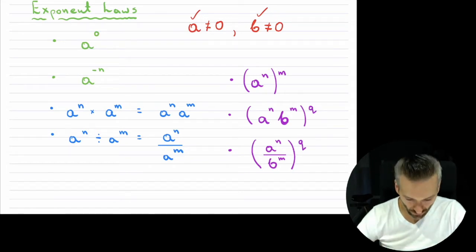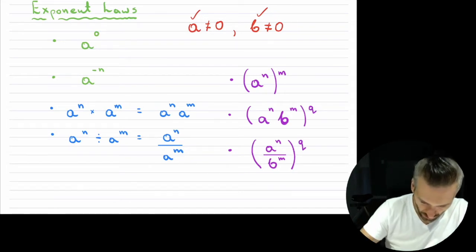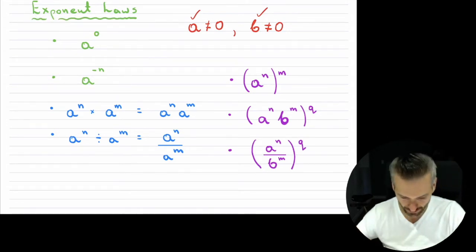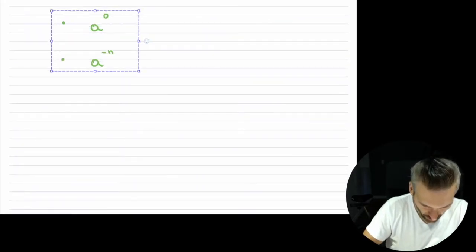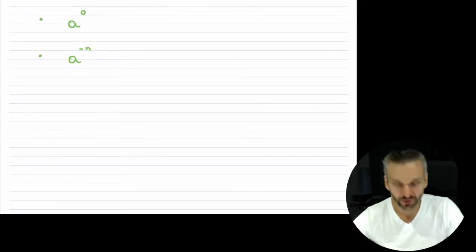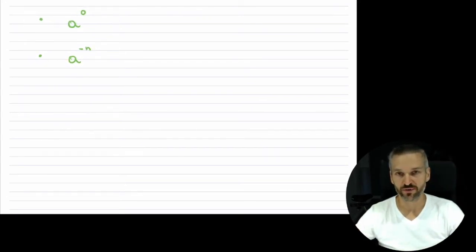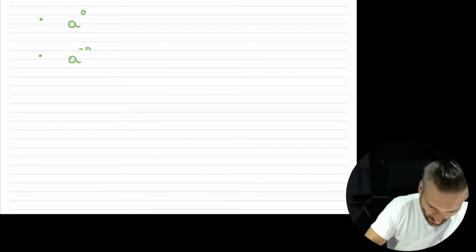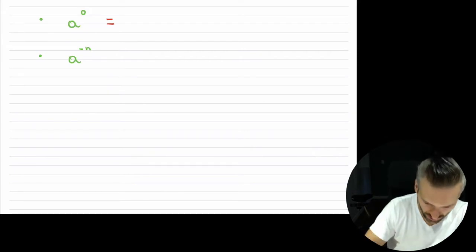So the first ones that I'll glance at are these two, and then I'm going to keep coming back to illustrate these to you in general. If you've watched the introduction to the exponents, then you know what a zero exponent does, and you know what a negative exponent does. You may remember that a number raised to the power of 0 is just 1.